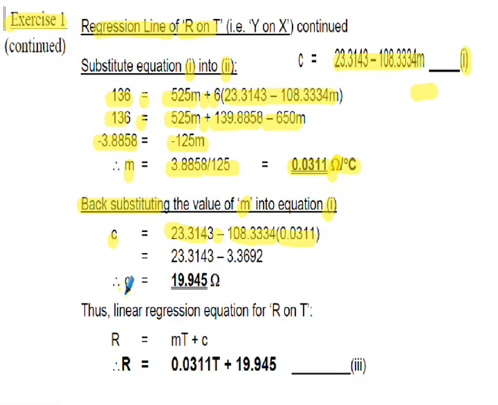If you do the arithmetic on that, c is equal to 19.945 ohms. That gives us now our linear regression equation of R on T. So R is equal to mT plus c, put the numerical values in, I get R is equal to 0.0311T plus 19.945. And I've called that equation 3 in Roman numerals.